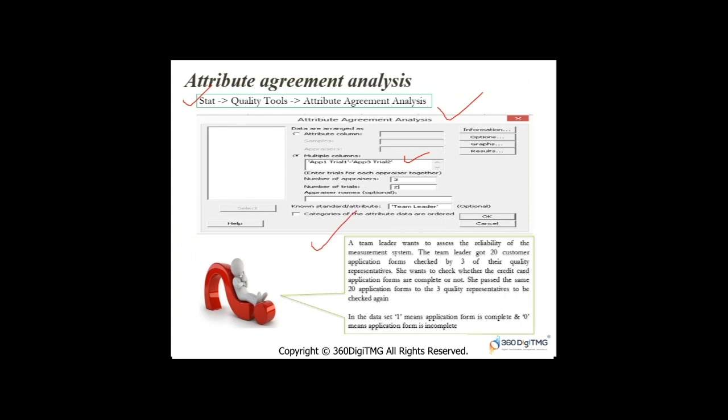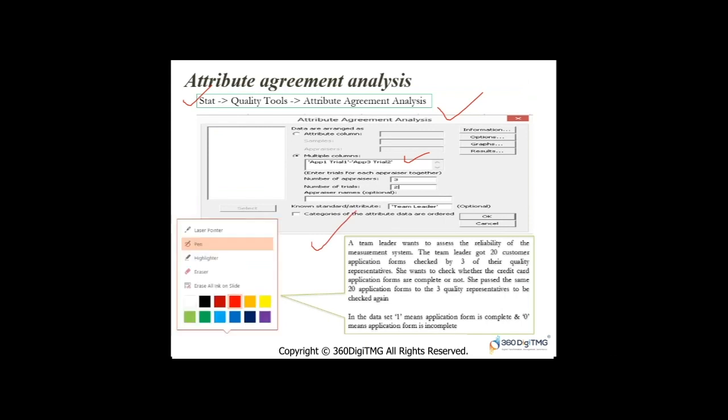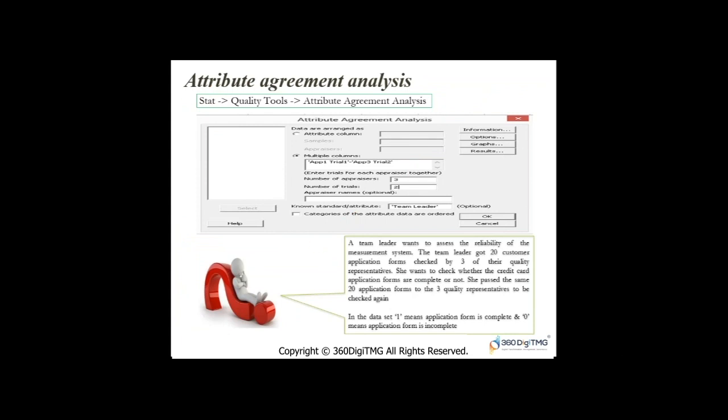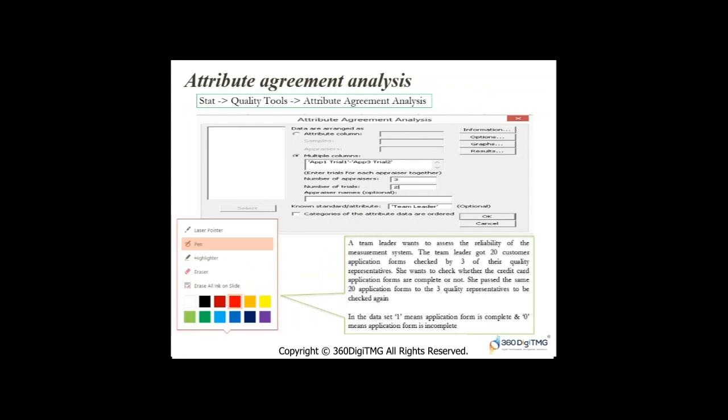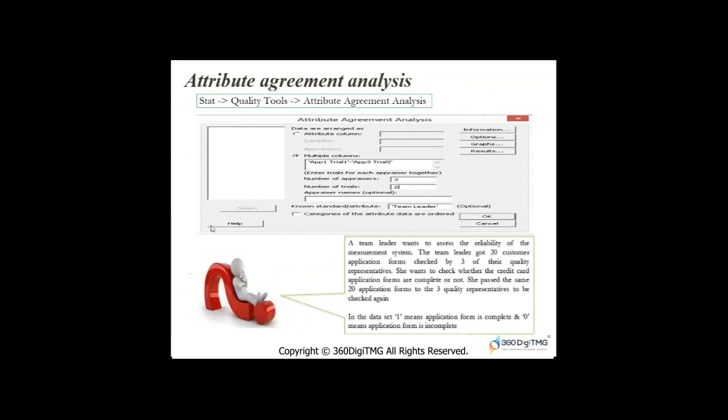A team leader wants to assess the reliability of the measurement system. The team leader got 20 customer application forms. That is what he has got. And these 20 are checked by 3 of their quality representatives. She wants to check whether the credit card application forms are complete or not.